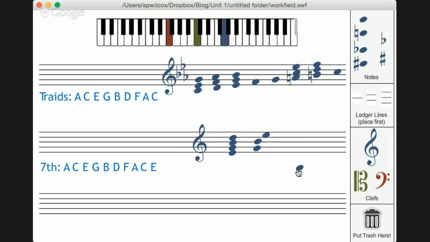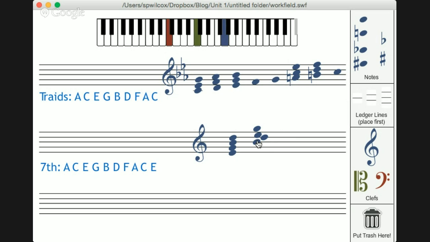And let's go ahead and do a second inversion. Now, second inversion, what note is going to be in the bass? Well, a B is going to be in the bass, right? E, G, B. So there is a second inversion chord. We've got all the same letters, B, D, E, G, all the same letters.